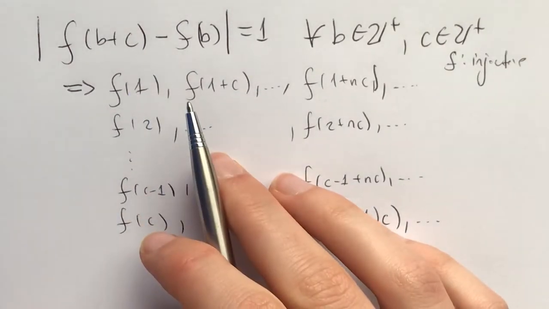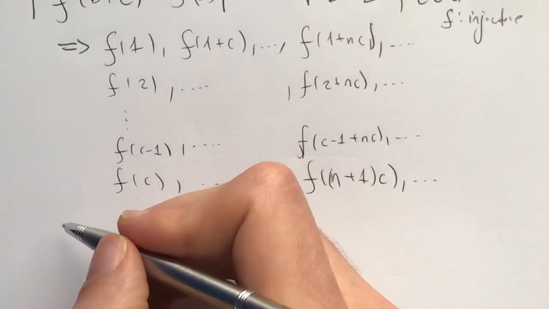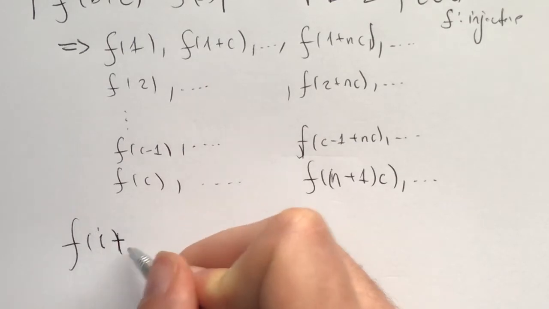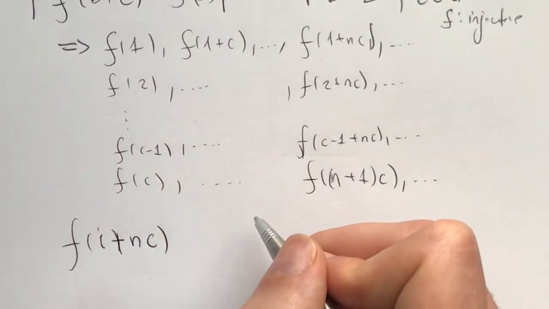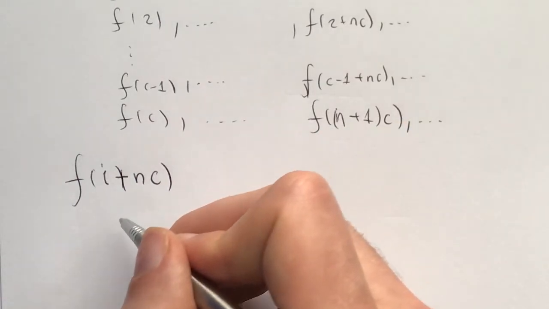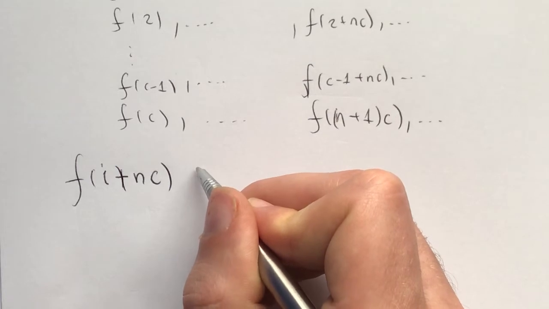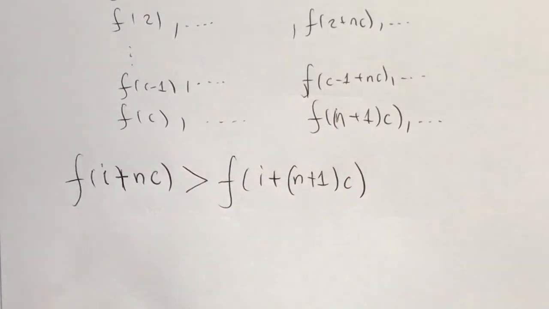We prove that in the following way. Assume one of them is not, and assume that f of i plus nc isn't always strictly increasing. In that case, it must be that f of i plus nc is greater than f of i plus n plus 1 c.